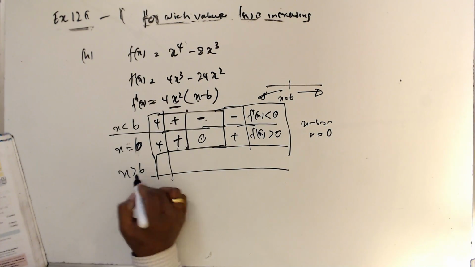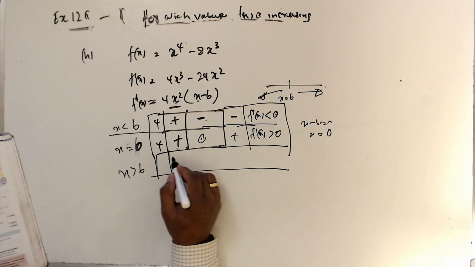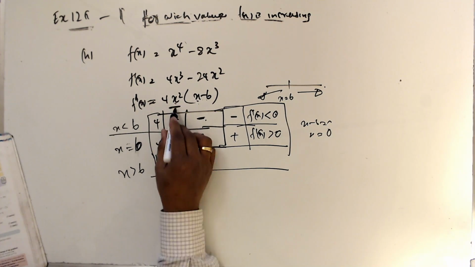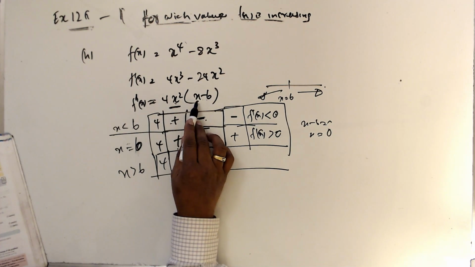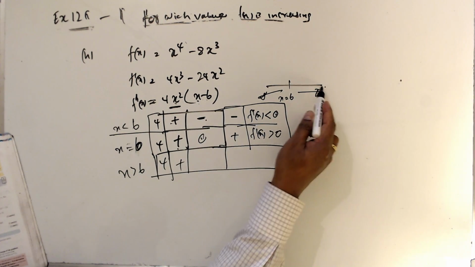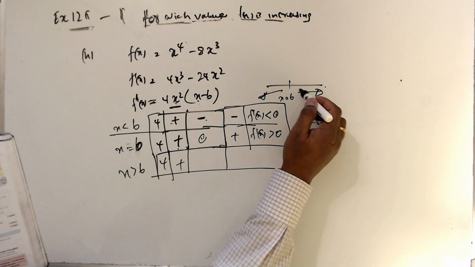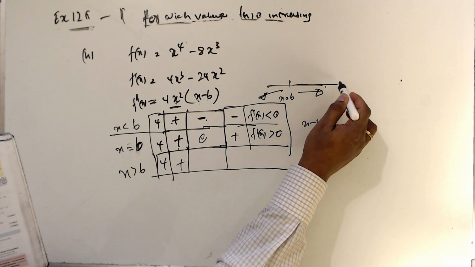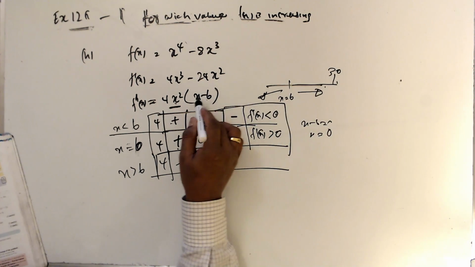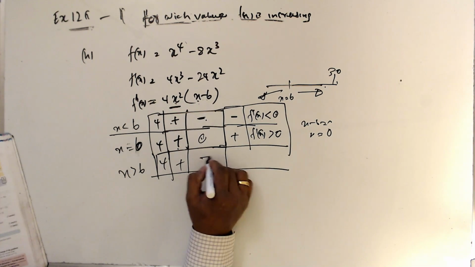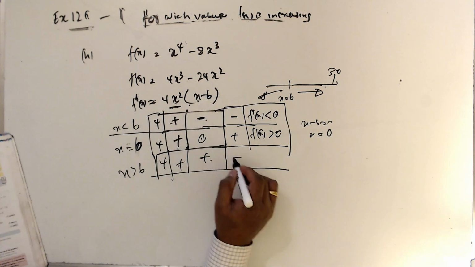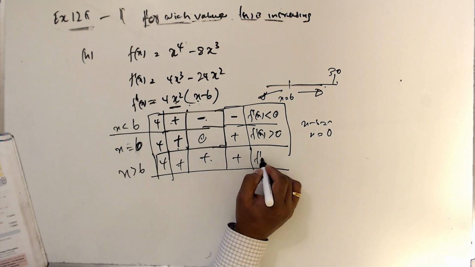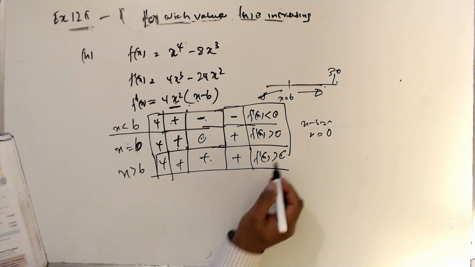Now x greater than 6, we put a positive value. 4x squared as it is is always positive, and in this one, if I put any value greater than 6, let's say 30, 30 minus 6 is positive. So positive times positive is positive, and f dash x is greater than 0.